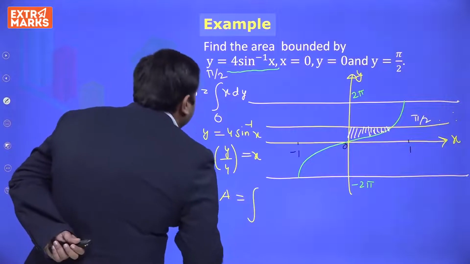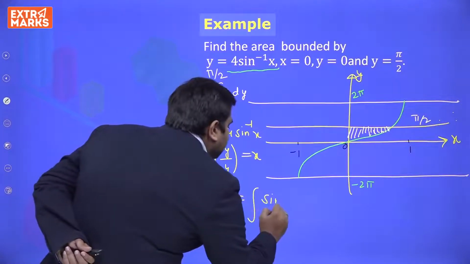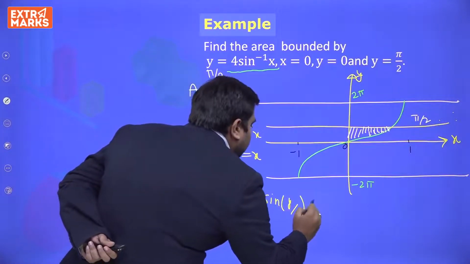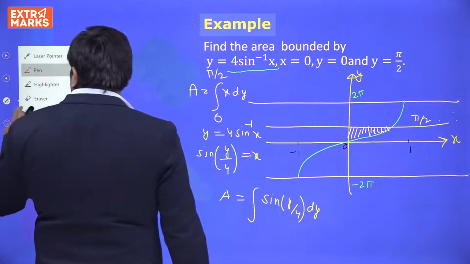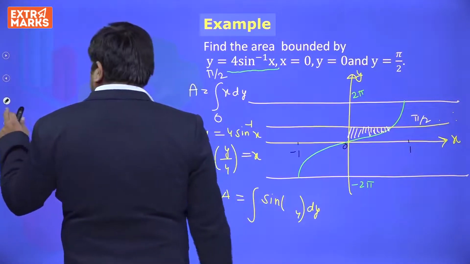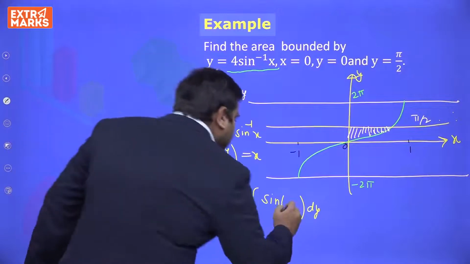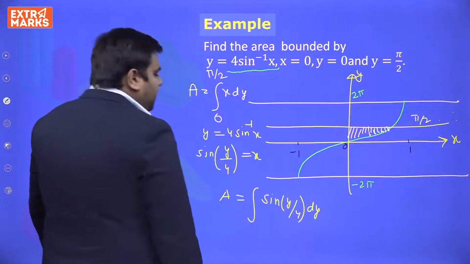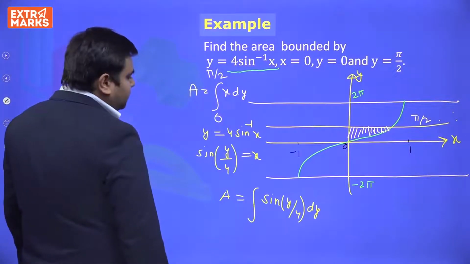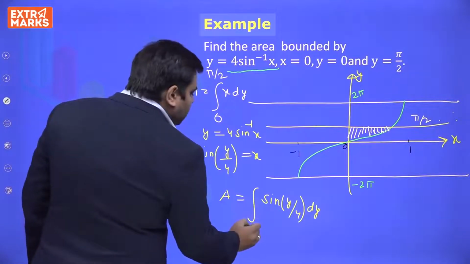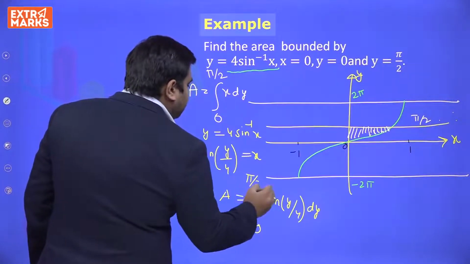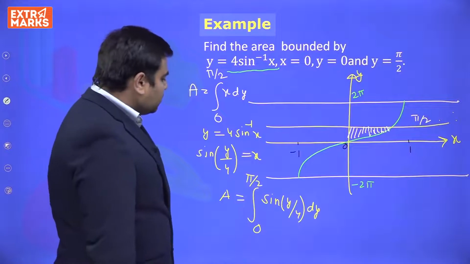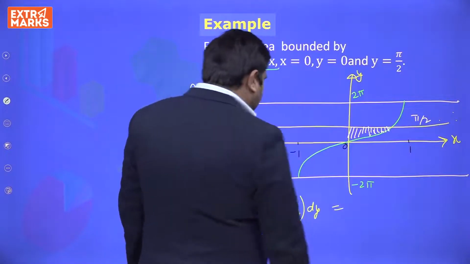So area will come out to be integration of sine of y by 4 dy from 0 to pi by 2, right?